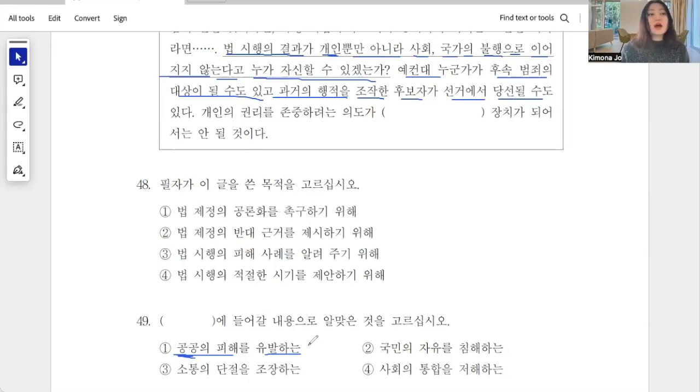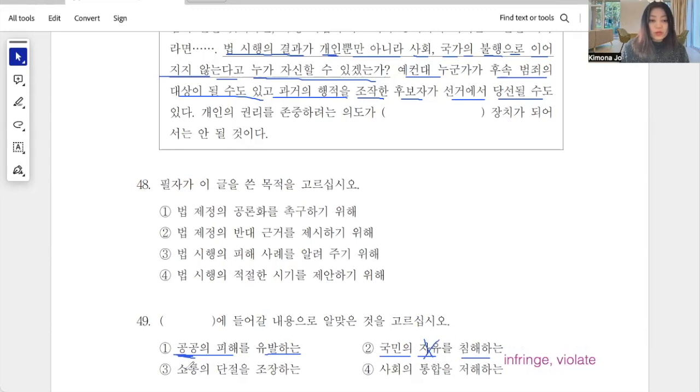But let's look at other options too, because another option might be better than number 1. So number 2, 국민의 자유를 침해하는. 침해하다 means infringe or violate. So the device that violates the freedom of the population. 자, they did not mention freedom. Okay, the writer did not mention freedom.